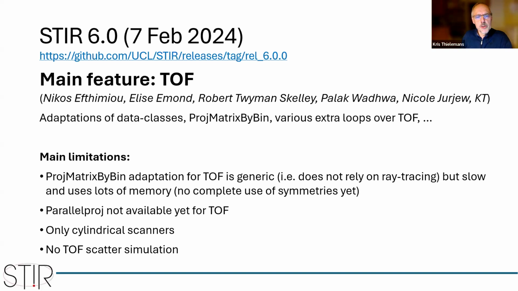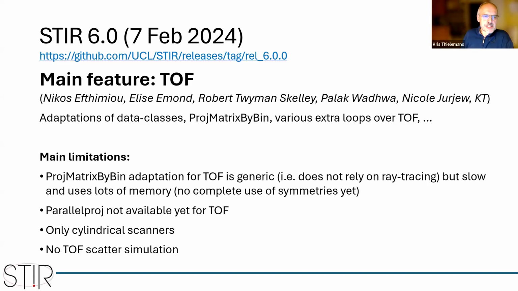So I'm not going to go through these in any detail, but just to give you some information that we had 3 releases of STIR, and then really the version 6 here, which was in February, was a big one, which had the major update to time of flight. So that was a monster pull request that I don't know how long it took us, maybe 8 years or something like that, Nikos, but we did make it.